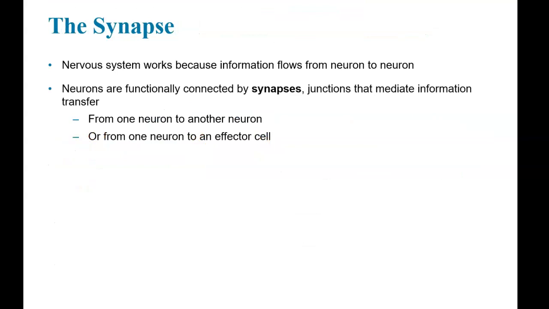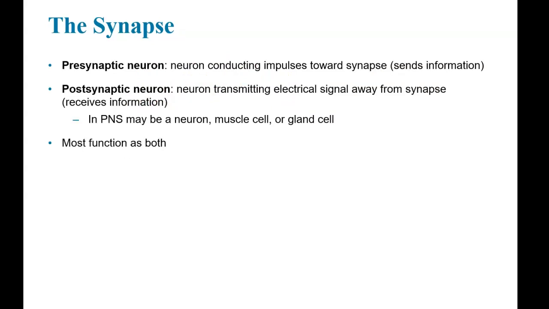The synapse is where two neurons meet. So it's where one neuron is able to send information to another neuron. And so there's presynaptic neurons and postsynaptic neurons. These are just relative positions, because one could be a presynaptic neuron in one situation, but it could be the postsynaptic neuron of another.